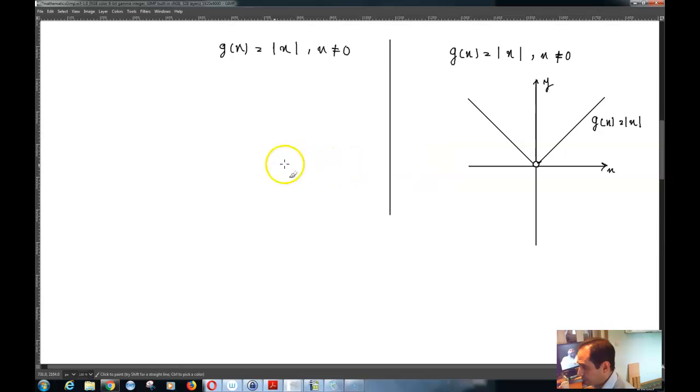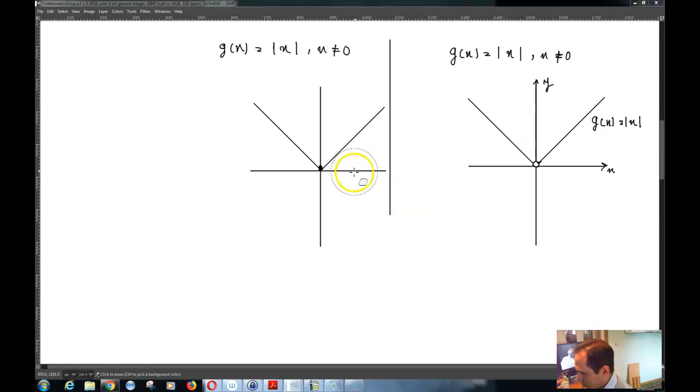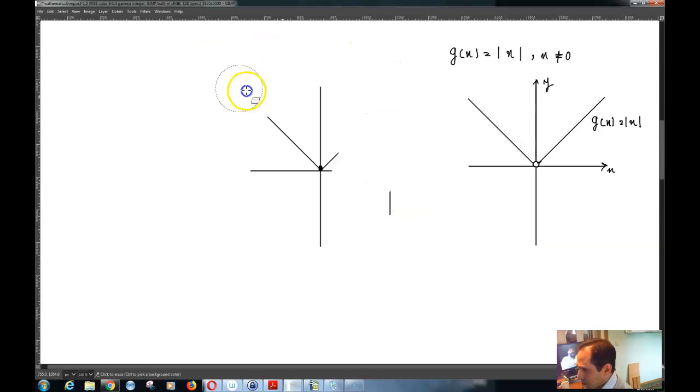This would be a filled circle, and this is a hollow circle. A filled circle means x equal to 0 is a part of the domain of this function, and a hollow circle means that x is not a part of the domain of the function.